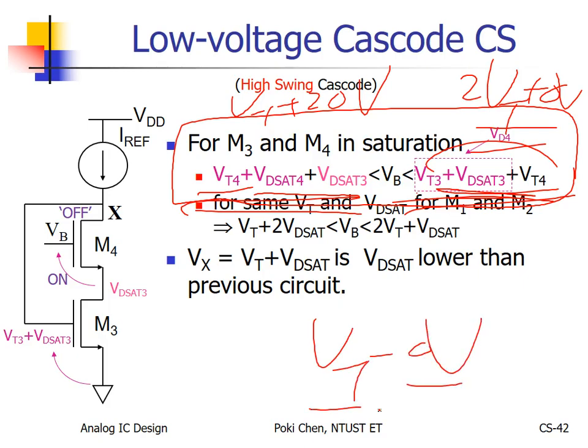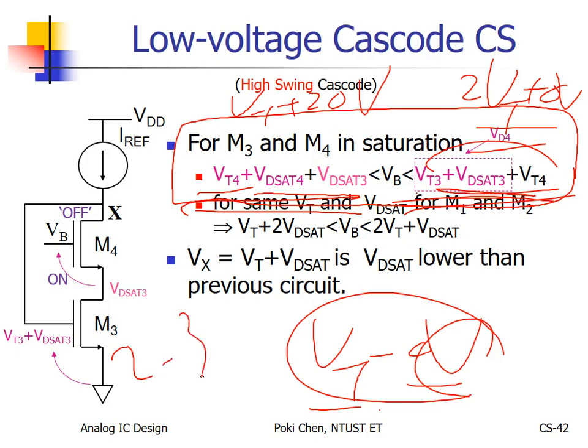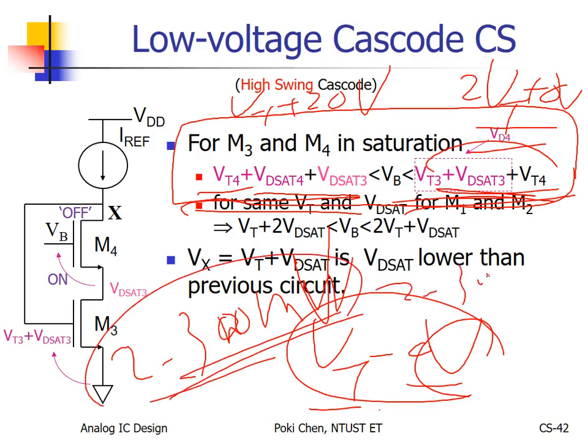VT, again, for 0.18, maybe hundreds, 5 to 7. And how about delta V? 2 to 3 hundreds of millivolts. So the difference, again, is only a few 100 millivolts, 2 to 300 millivolts.